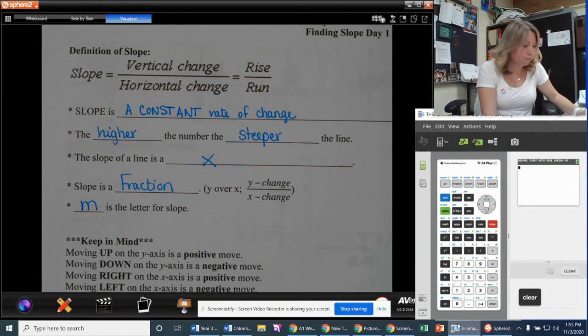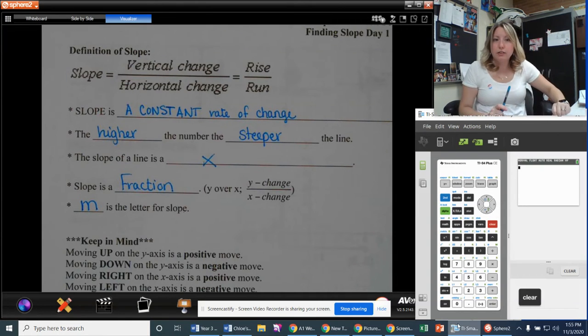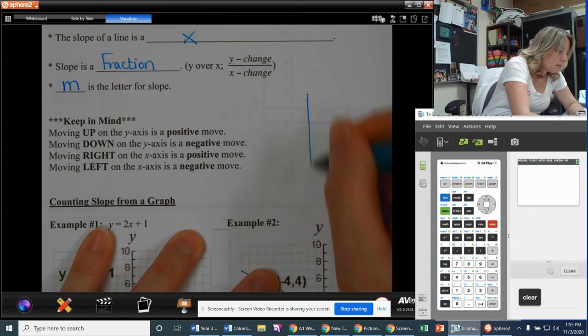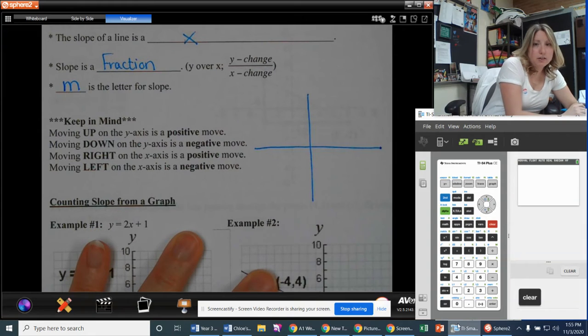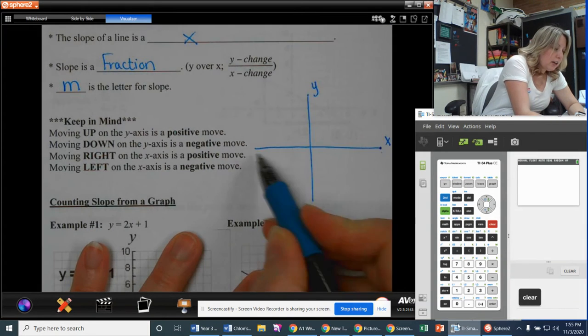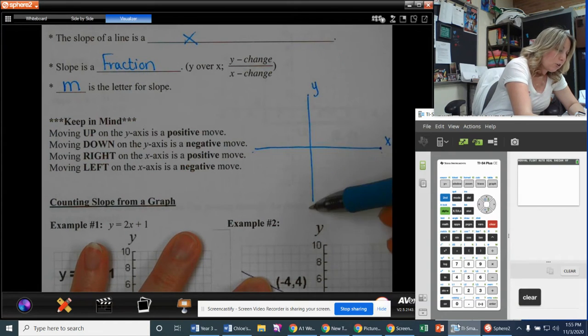So here we go. Up on the y-axis is positive. So let me just do a quick sketch. Okay, I'm going to keep these words here, but here is an x and y coordinate plane sketch. The x-axis is your horizontal axis. The y-axis is your vertical axis.